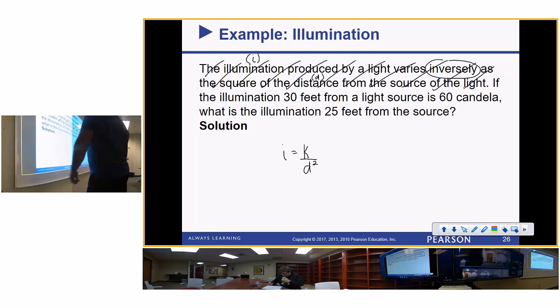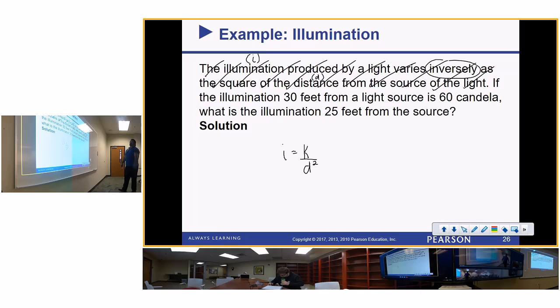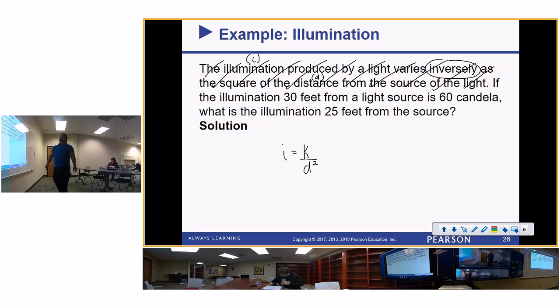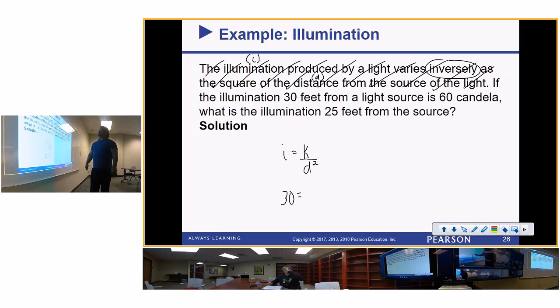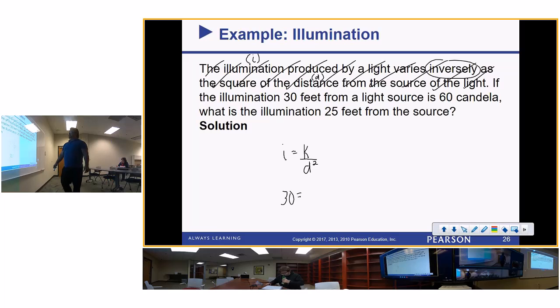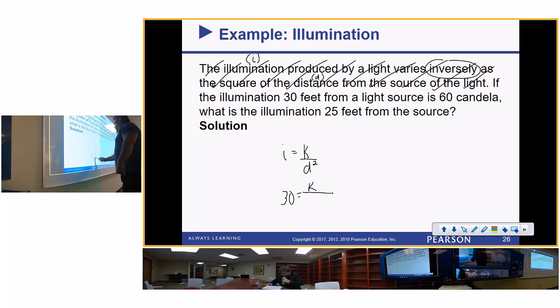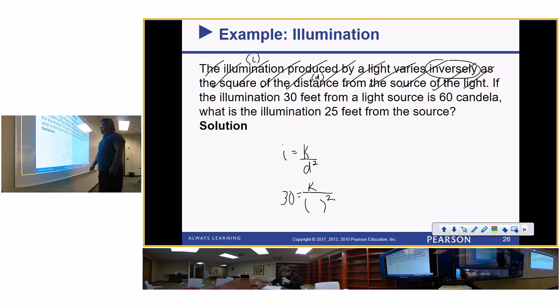So that takes care of all of that. I could just get rid of all the work. Now finish it. If the illumination, what is illumination? 30 is equal to K, which you're going to find, over parentheses squared. I think you got that backwards. It's 30 feet from a light source.